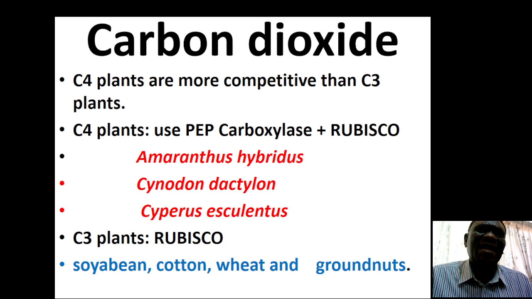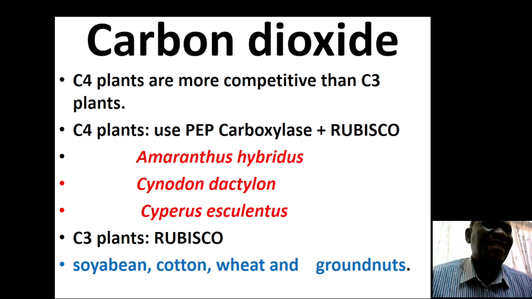This makes them efficient users of carbon dioxide. We know carbon dioxide is used to form carbohydrates, which provide energy for growth, and this can facilitate high growth rates, maybe indirectly.